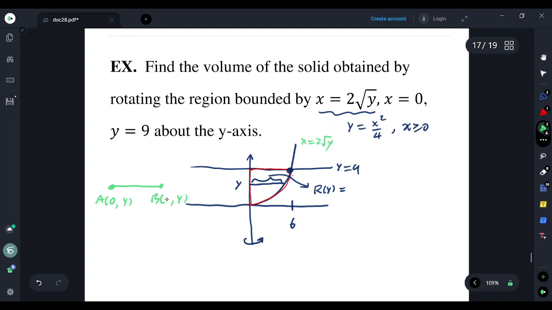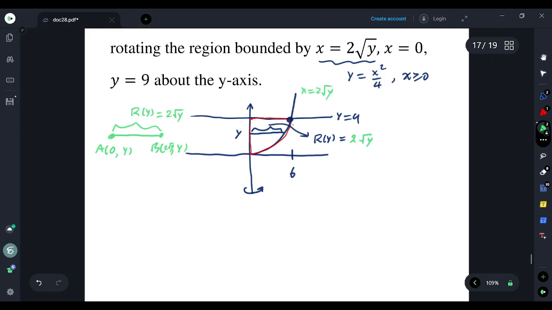Then R(y) is the difference, 2 square root of y minus 0. Okay, so that is the radius, and then we just plug in.